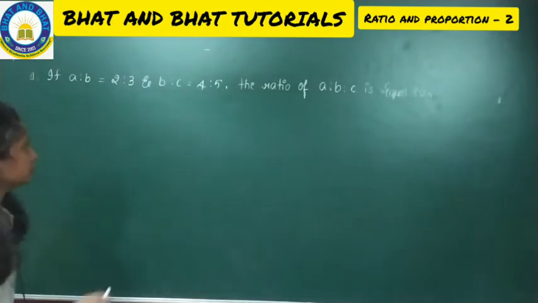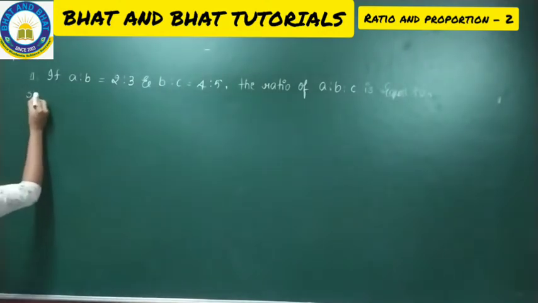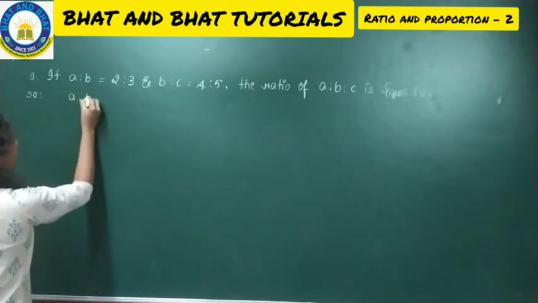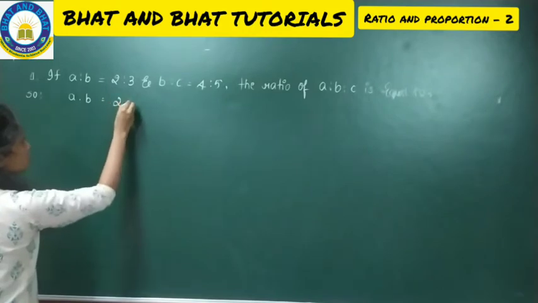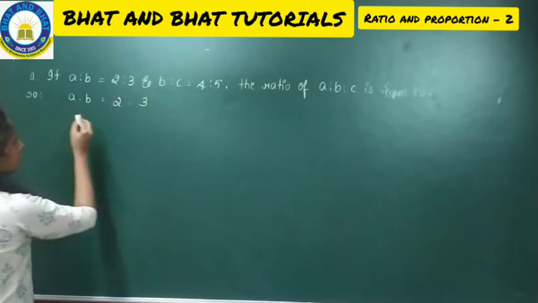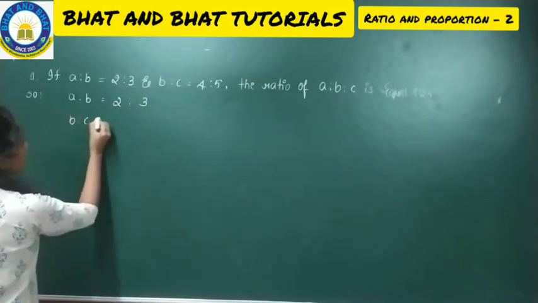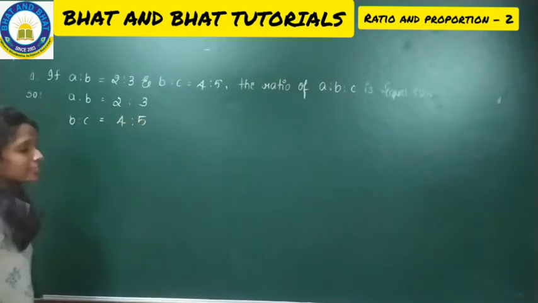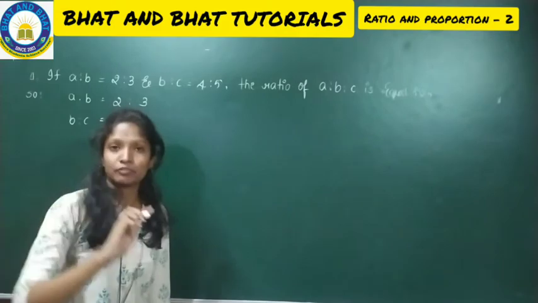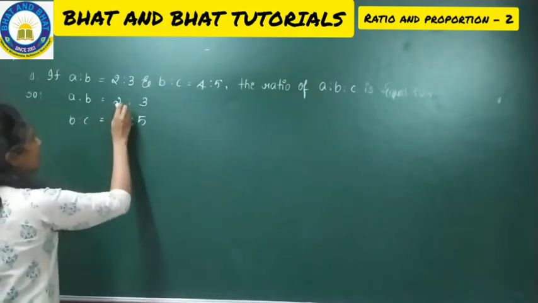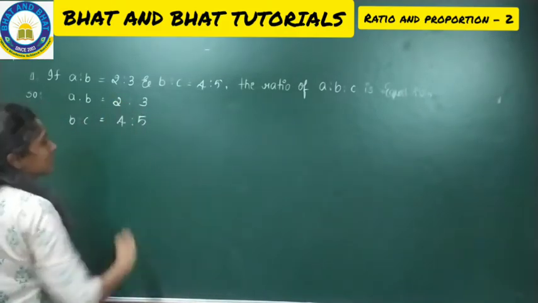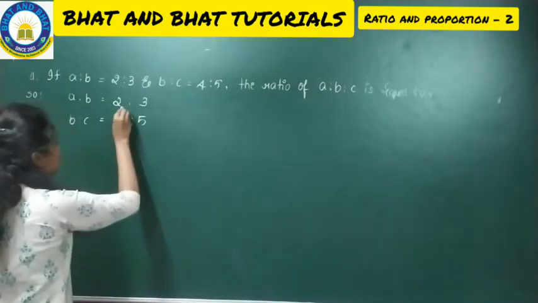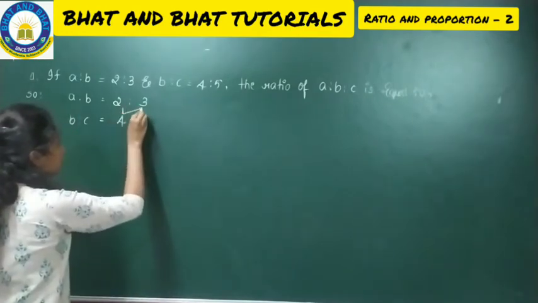So what you have to do in this situation, I'll teach you. What is the ratio of A is to B now? A is to B is 2 is to 3, isn't it? Then what is B is to C? B is to C is 4 is to 5. The simple logic I'll teach you. When they have given a problem like this and ask you to find the three-part ratio A, B, C, mark this point.